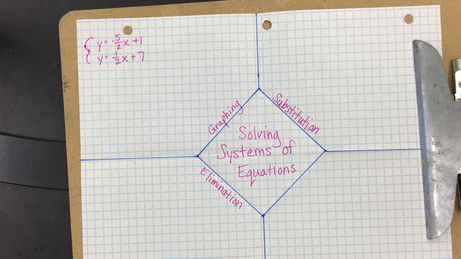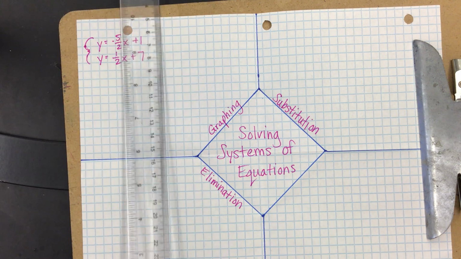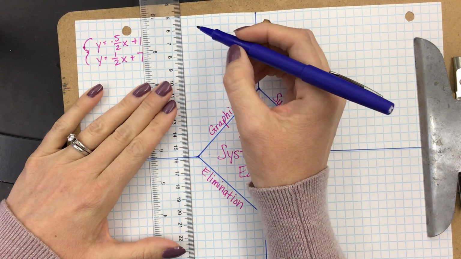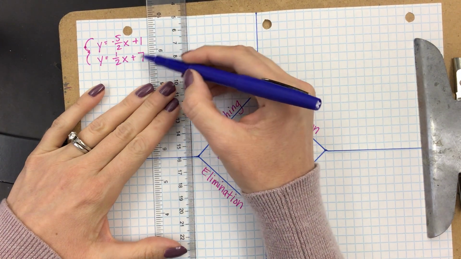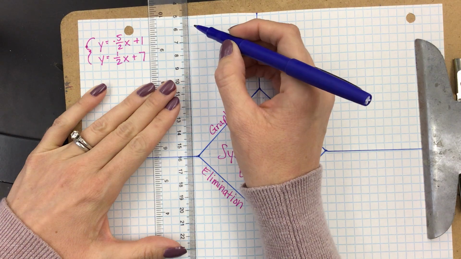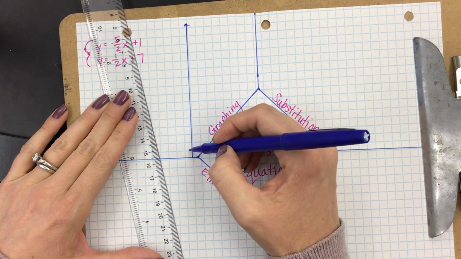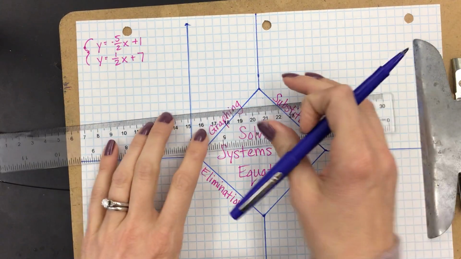So let's do that. Let's get our coordinate plane on here and graph these two. I'm going to try to make my coordinate plane kind of big because we have a y-intercept of 7. So we want to make sure we have some space up on the y-axis.